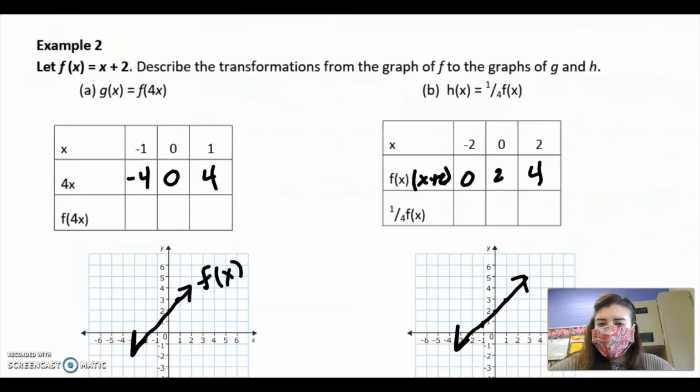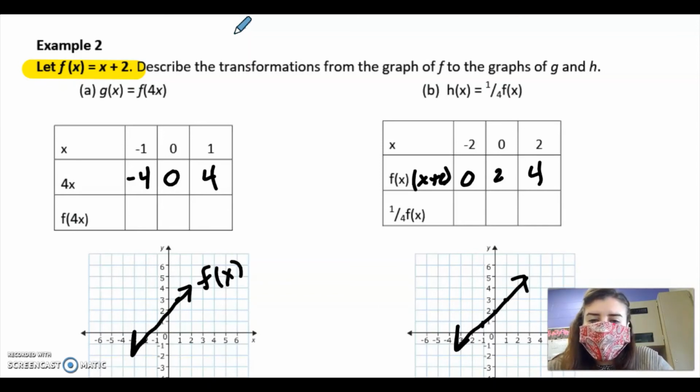Okay. Our next example. So we have a parent function of x plus 2. Now we have to do our transformation to g of x and h of x. So if we're looking at a, we have a number times x.